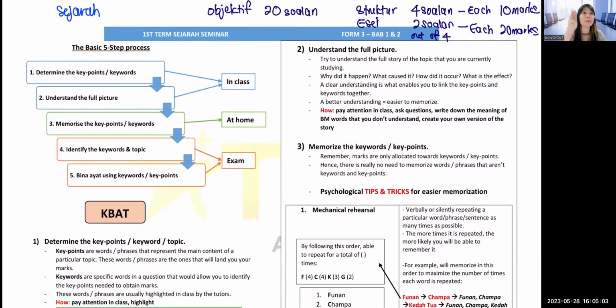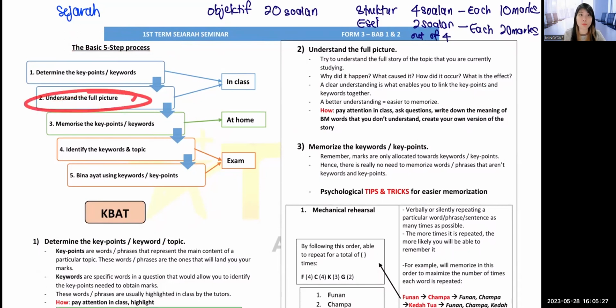In class, or in school, first you need to understand the full picture. Why? Because Sejarah is all about story and history, so much information that you need to know. You cannot just memorize blindly, so you have to understand the full picture.